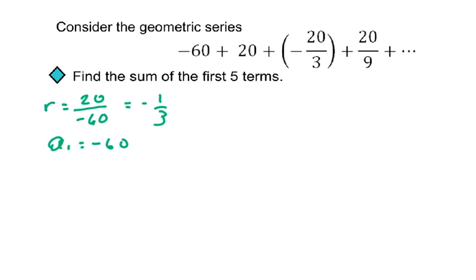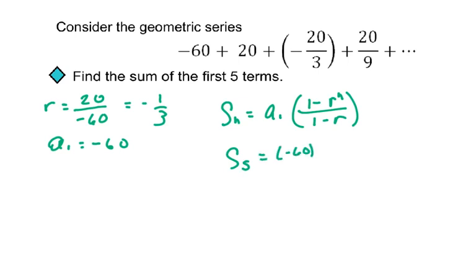So using our equation, S sub n equals a sub 1 times 1 minus r to the n power over 1 minus r. We're looking for the first 5 terms. A sub 1 was negative 60, and r is negative 1/3. Make sure we're careful with parentheses.